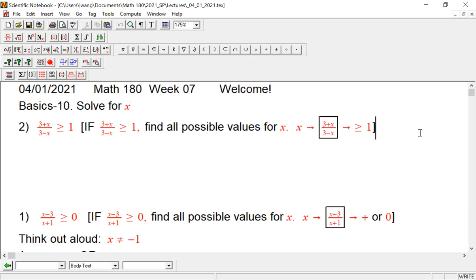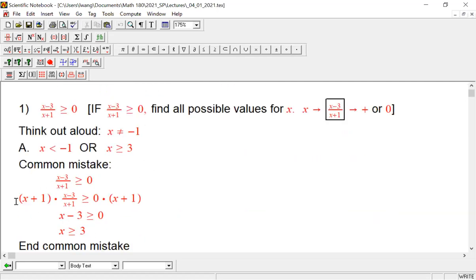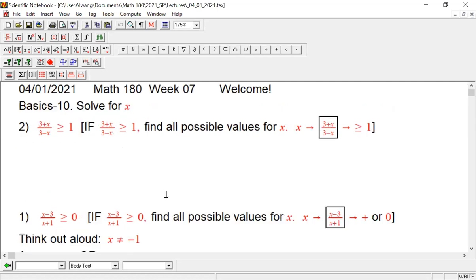That's another common mistake, similar to the ones we just did. I'm moving forward because I already gave you the reason for the previous one. You cannot multiply both sides by x plus 1. The basic problem is that you don't know the sign of the denominator.